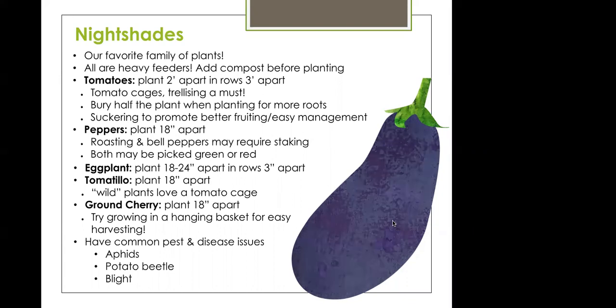If you forget to sucker your tomatoes, the plant will still grow okay. But if you want a plant that's working for you, it's recommended that you sucker at least once or twice a week, if you can.